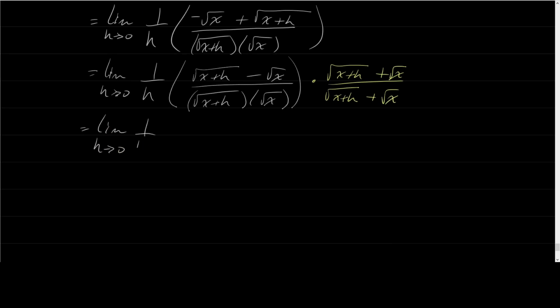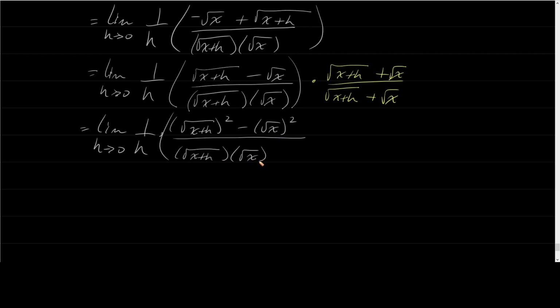So we can rewrite this now as radical x plus h squared minus radical x squared. And on the bottom, I've got the radical x plus h, I've got radical x, and I've got radical x plus h plus radical x. In the numerator, well, those radicals and the squares cancel each other out, right? So I end up with x plus h minus x.